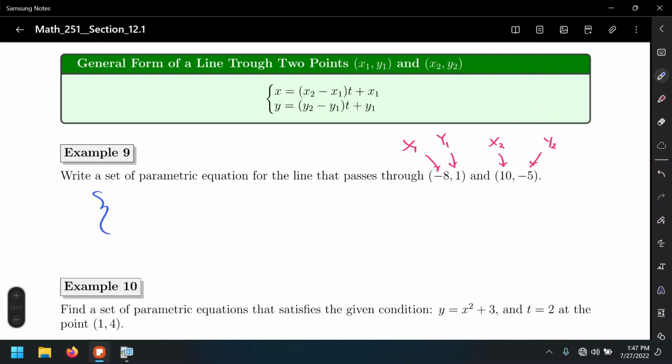So the set of parametric equations is x equals (x2 minus x1) t plus x1, and y equals (y2 minus y1) t plus y1.